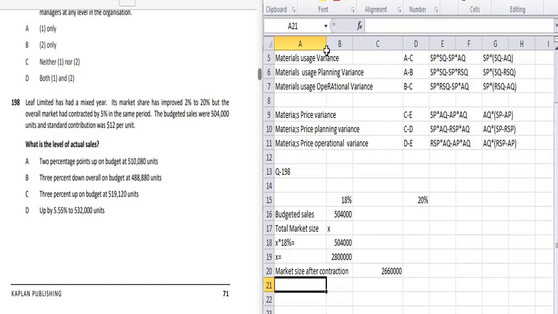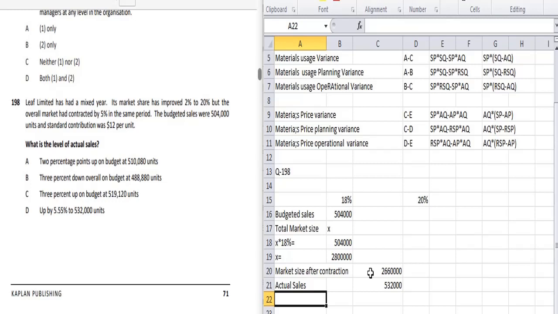After contraction the market size is 2,660,000, and market share has improved, means we budgeted 18%, but we actually achieved 20%. So 20% will be based on this market size after contraction. So our actual sales equal 20% of this. So 532,000 will be our actual sales.